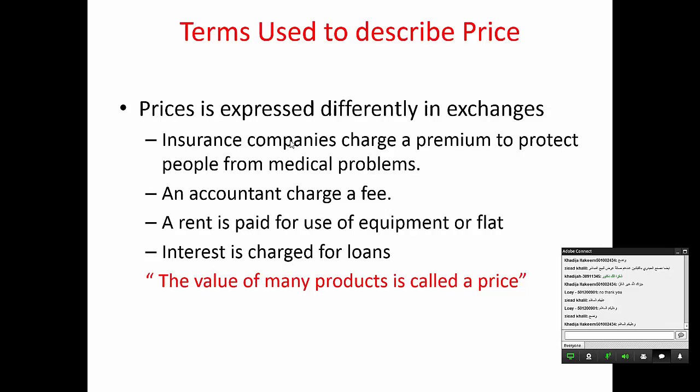If you want to rent an apartment or any assets or any equipment, then you pay rent for that. So the price can be known by different names or different terms, but all of these terms refer to the price of a product or a service.